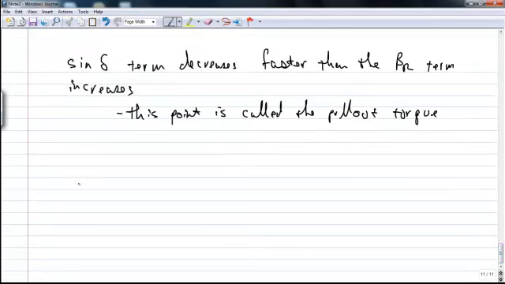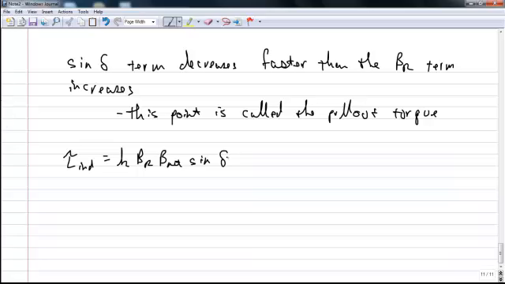Let's look a little bit more closely at the induced torque equation. We have torque induced equals K, which is the motor constant, times B sub R, times B net, times sine of delta. B sub R is directly proportional to the rotor current as long as the rotor is not saturated, which increases with increasing slip.